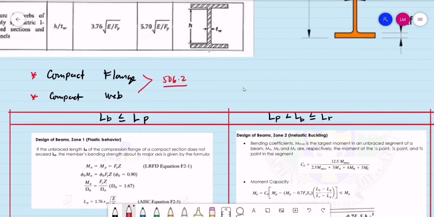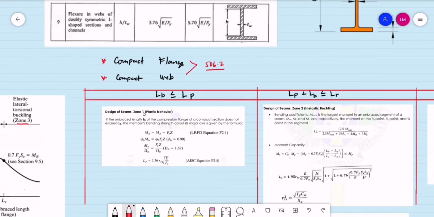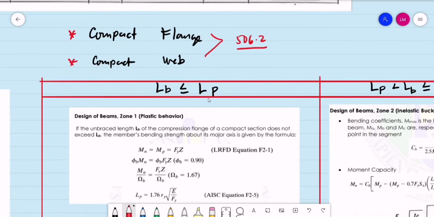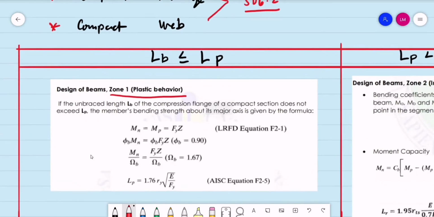So here is the summary of the useful equations, based on the unbraced length of the flexural member. If the unbraced length is less than or equal to L sub p, that is our zone 1, a plastic behavior. If the unbraced length L sub b of the compression flange of a compact section does not exceed L sub p.